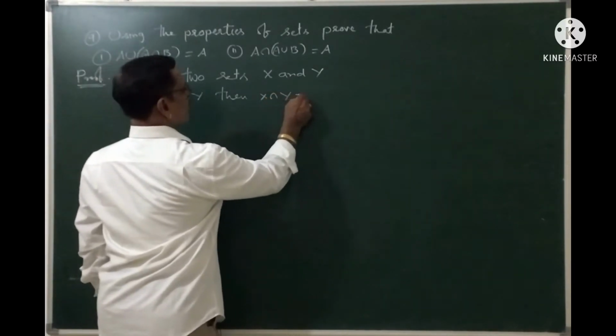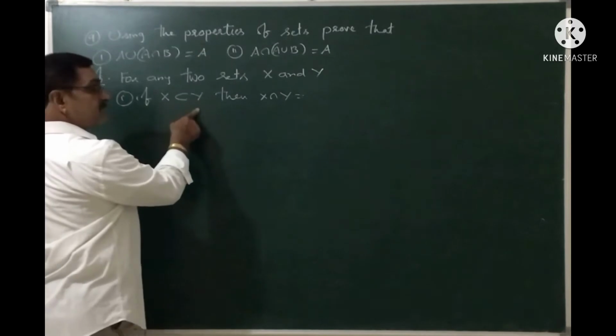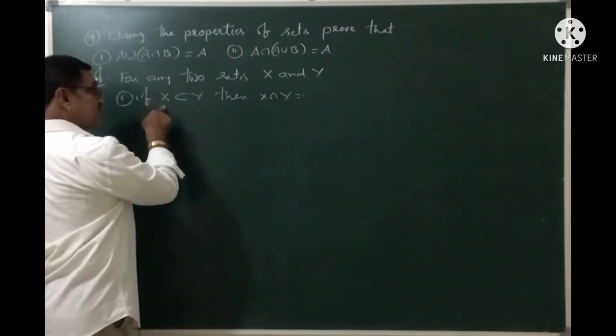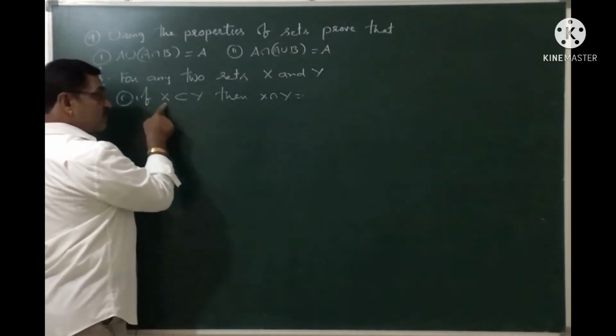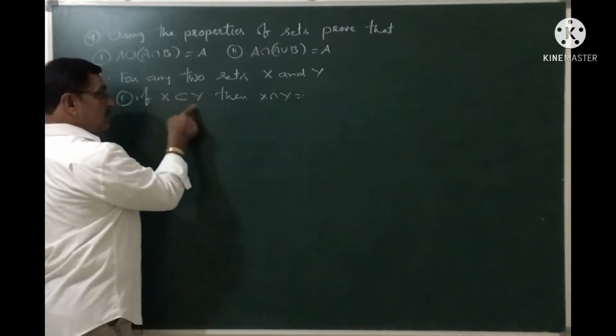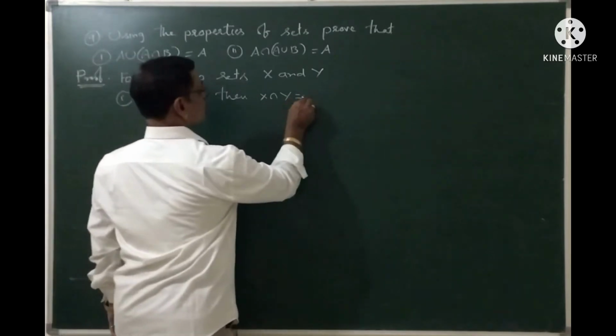X intersection y, by x is a subset of y. Therefore, that means x is a subset and y is the superset. When you find the common part of these two, you get again x.